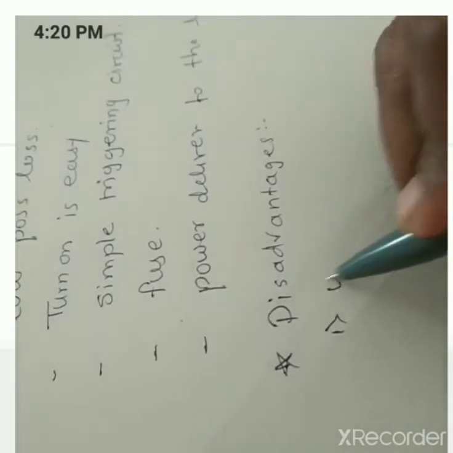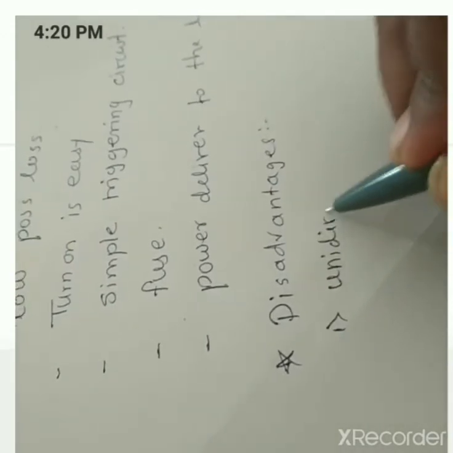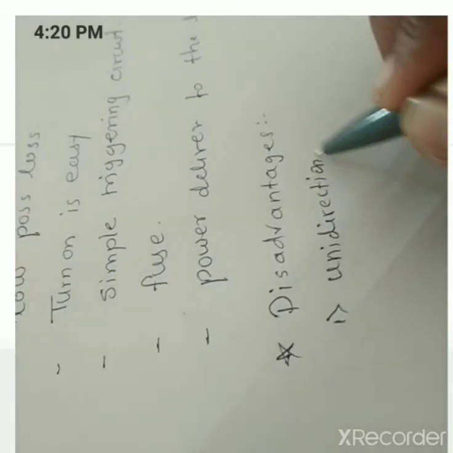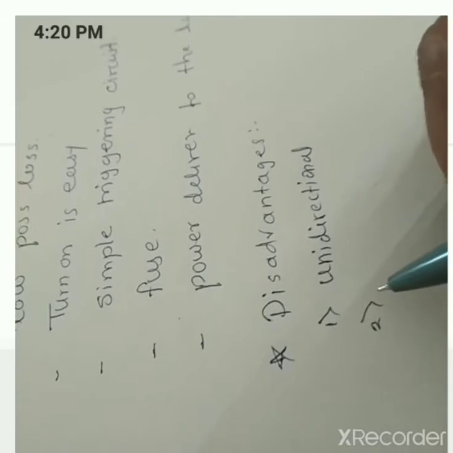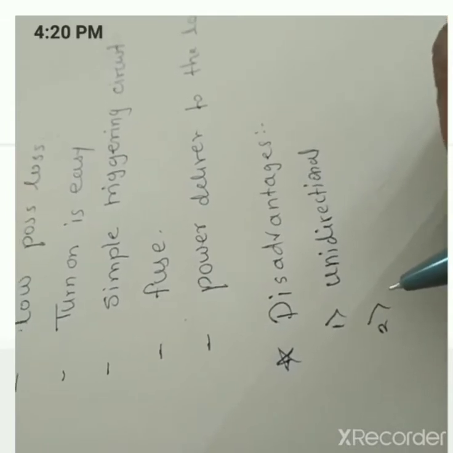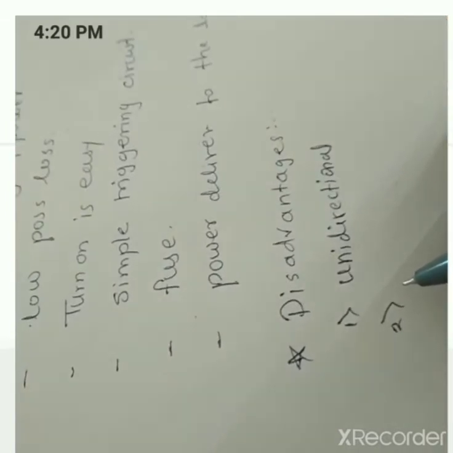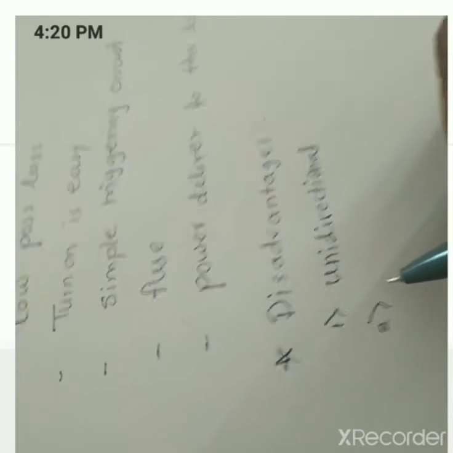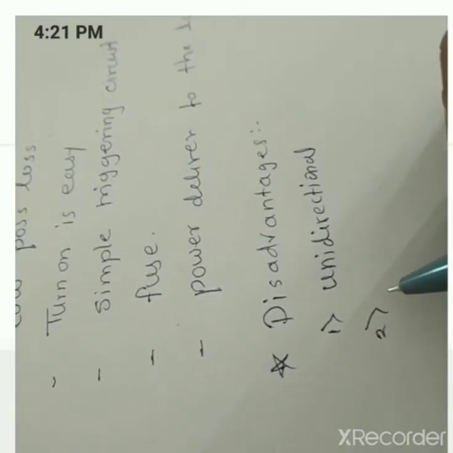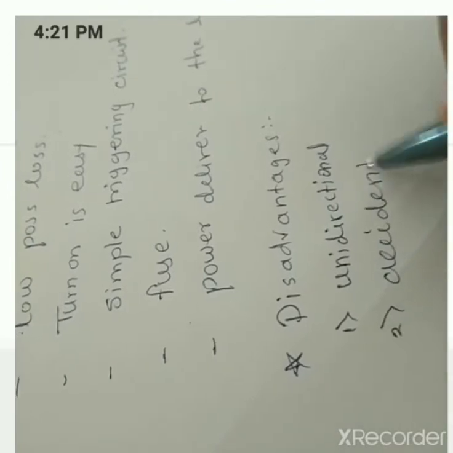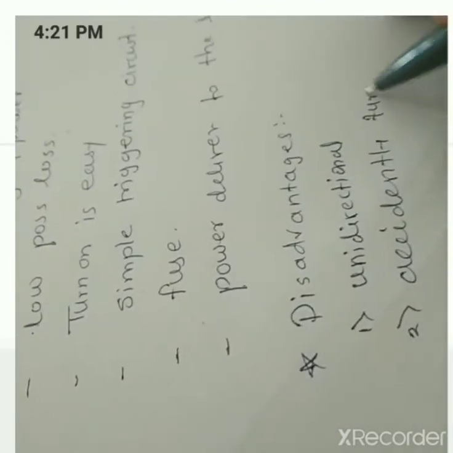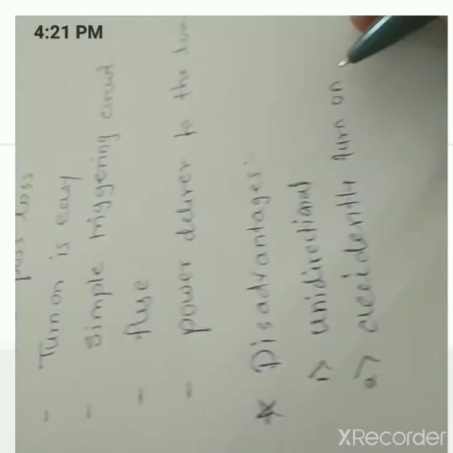It means your SCR is a unidirectional device. Then, due to a very high dv by dt, meaning a high change in voltage with respect to time, it can get accidentally turned on. This is the second disadvantage.